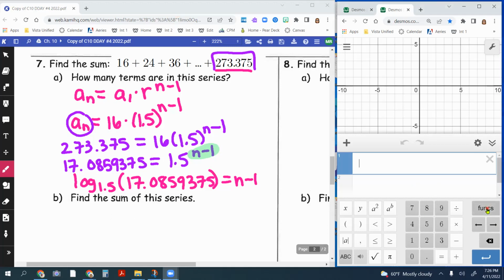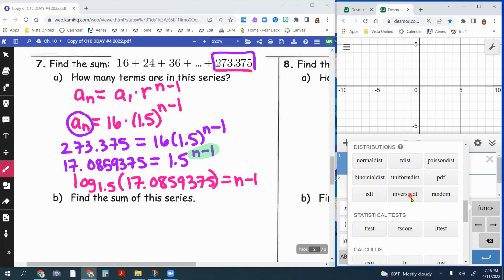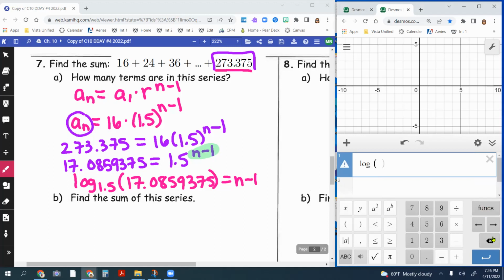So I am going to come here to functions, and I think it's at the bottom. Okay, here, log. So I'm going to do log base 1.5 of 17.0859375. And I end up getting a nice answer.